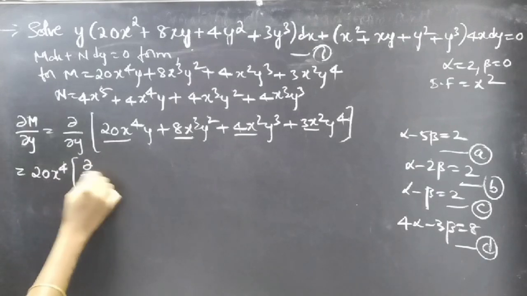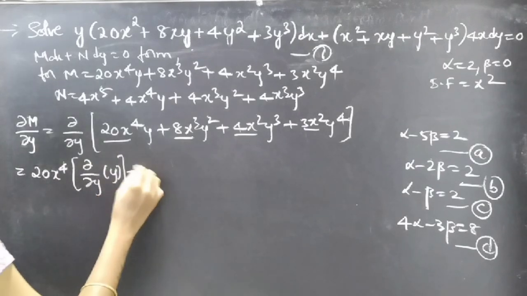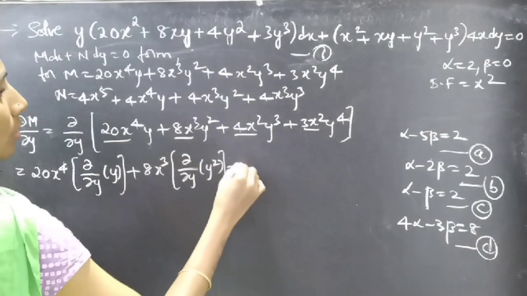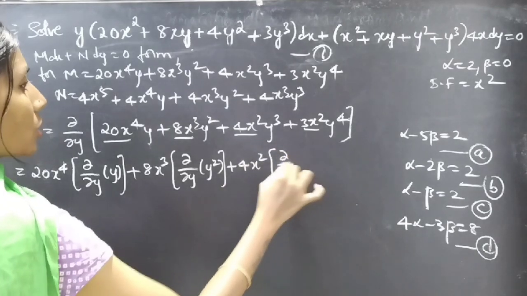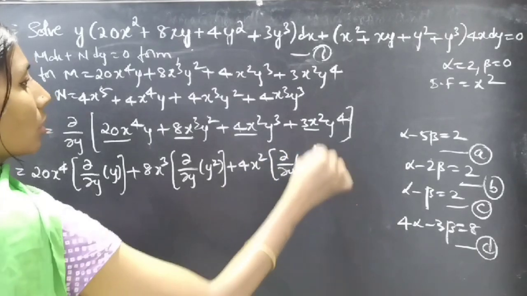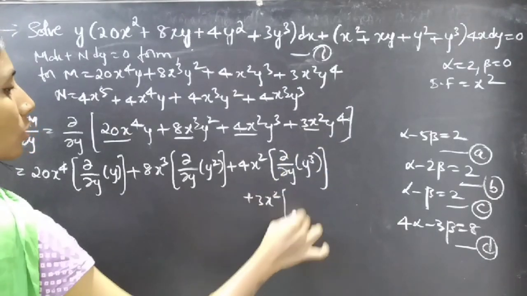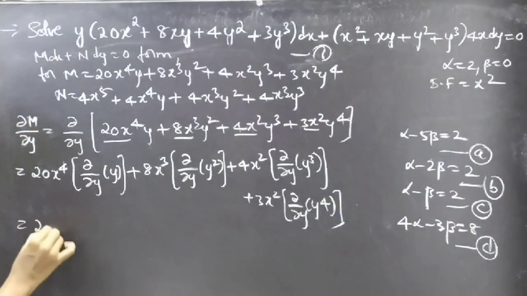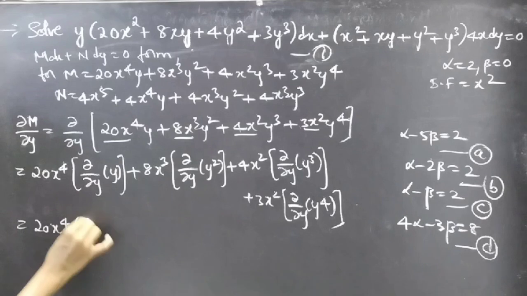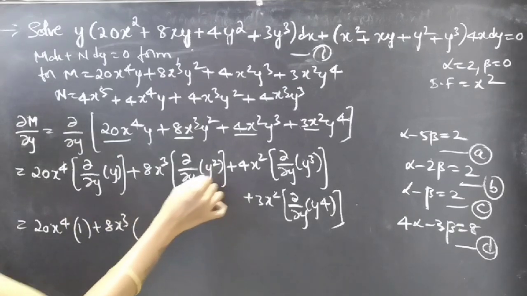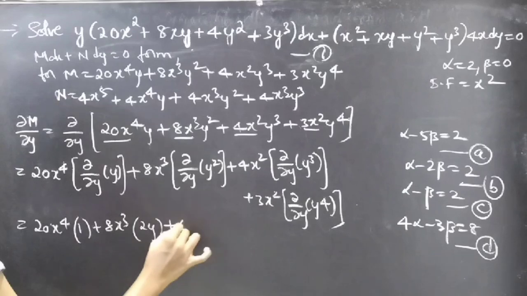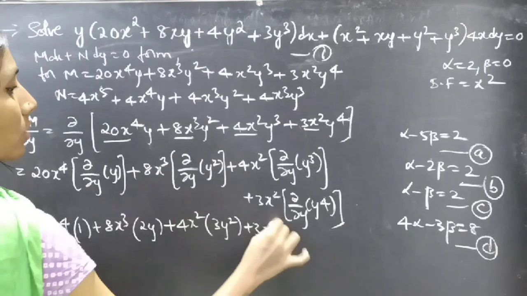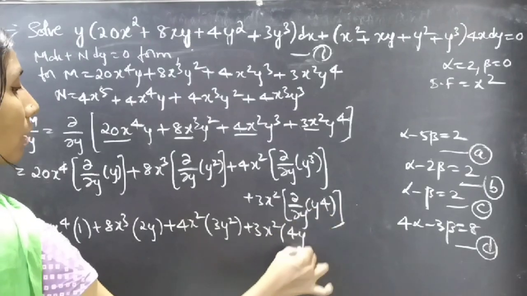20x power 4 into partial derivative of y with respect to y plus 8x cube into partial derivative of y square with respect to y plus 4x square into partial derivative of y cube with respect to y plus 3x square into partial derivative of y power 4 with respect to y, which gives us 20x power 4 into 1 plus 8x cube into 2y plus 4x square into 3y square plus 3x square into 4y cube, right?